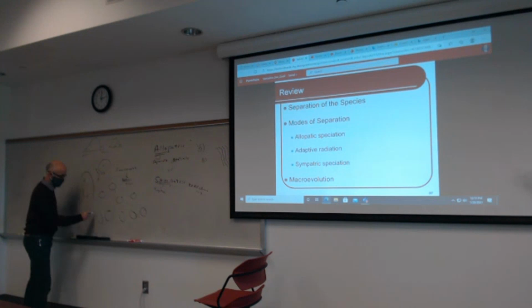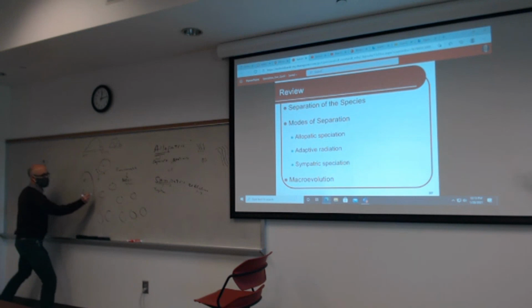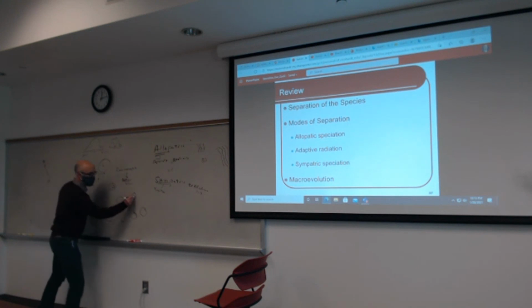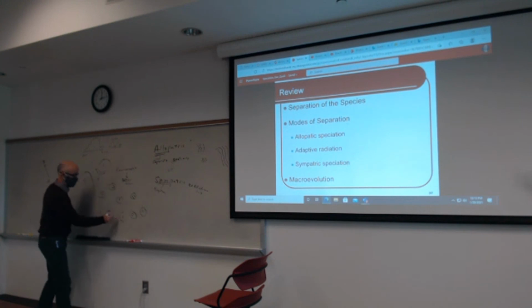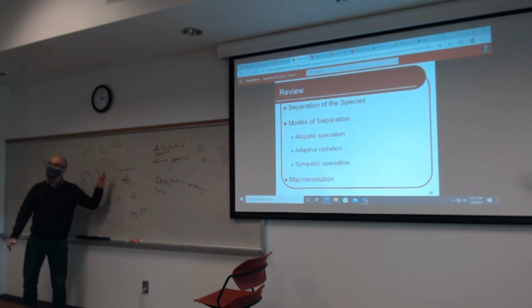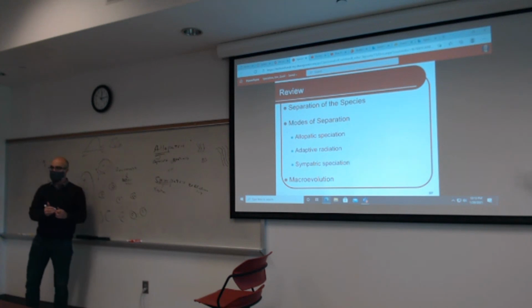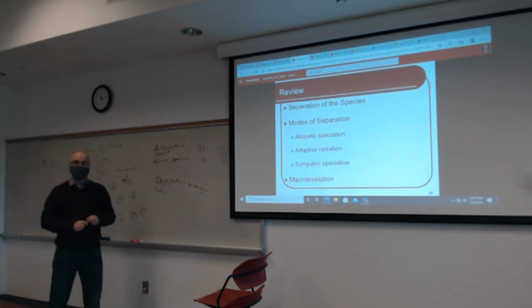A now splits into B and C and D and E, so on and so forth. See what I mean? There are lots of new environments to colonize, so therefore you see lots and lots of splitting at a pretty quick, rapid rate, right?